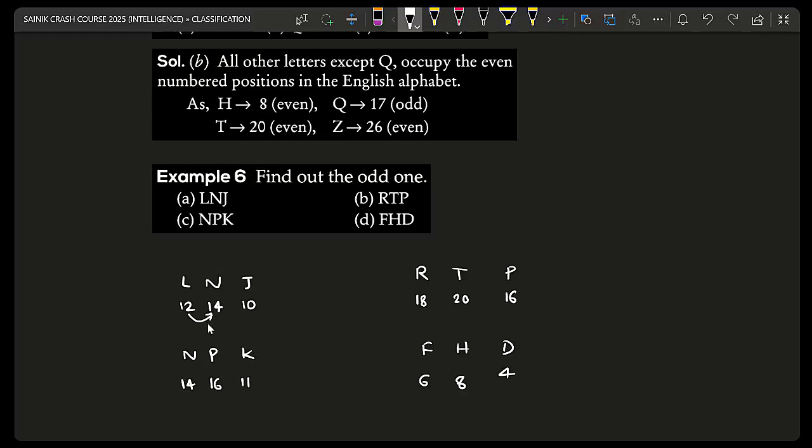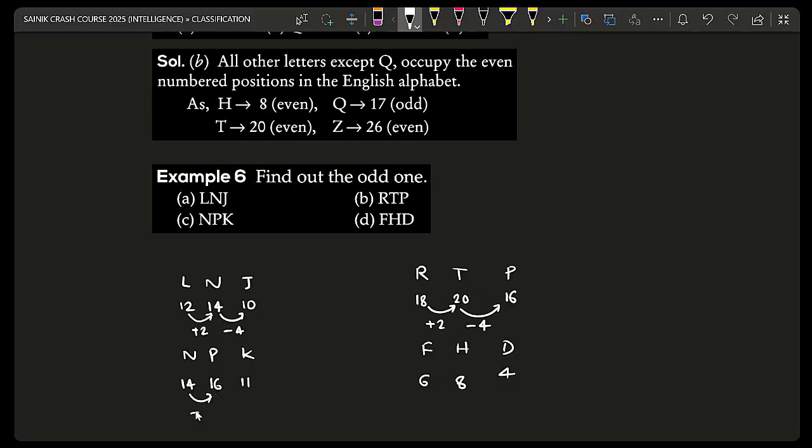From 12, how can we get 14? Plus 2. From 14, how can we get 10? Minus 4. From 18, how can we get 20? Plus 2. And from 20, how can we get 16? Minus 4. And the 14, 16 relation?